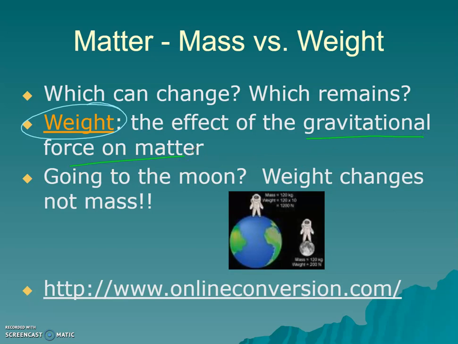So it's going to depend where you are in our universe, or in other parallel universes for that matter, as to how much you weigh. So you are going to have the same mass whether you are on planet Earth or on our moon, but you are going to have different weights.